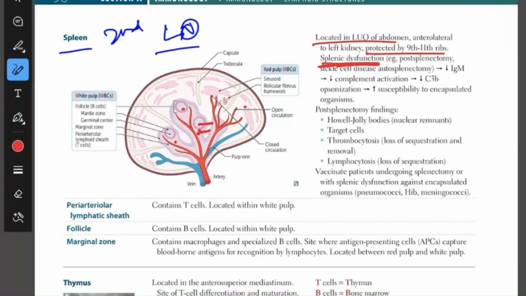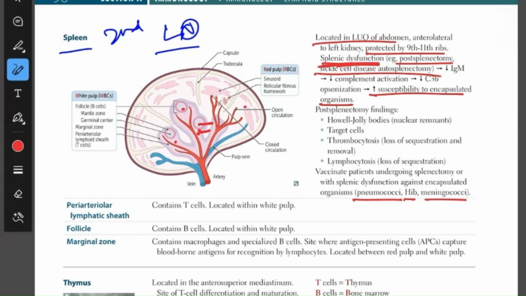So if the spleen is not there for any reason, whether from post-splenectomy, autosplenectomy, or sickle cell disease, that will lead to increased susceptibility to encapsulated organisms. Which are they? Strep pneumoniae, Haemophilus influenzae, and meningococci, sorry.